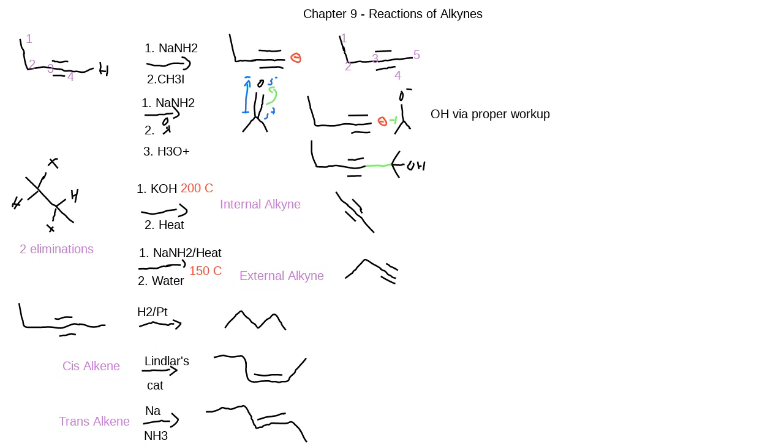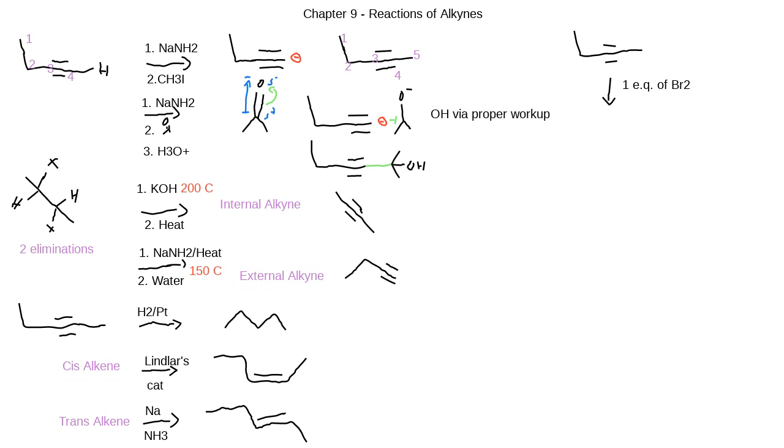Let me see. So the first one, again, we have the same compound, 5 carbons with the triple bond between 3 and 4. And then the reagent is, so the first one, I'm going to draw it this way, is 1 equivalent of Br2.